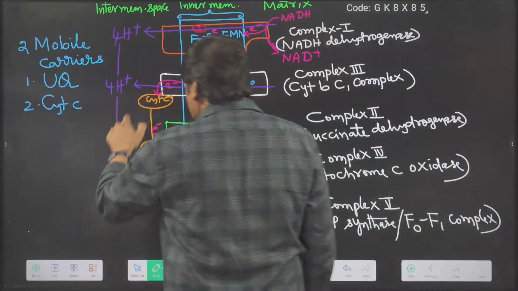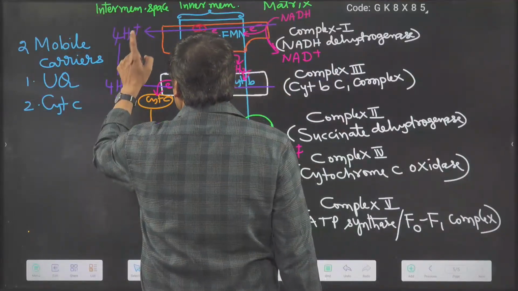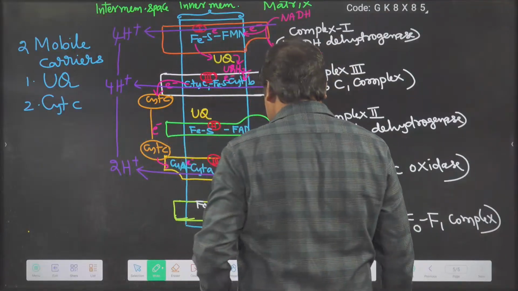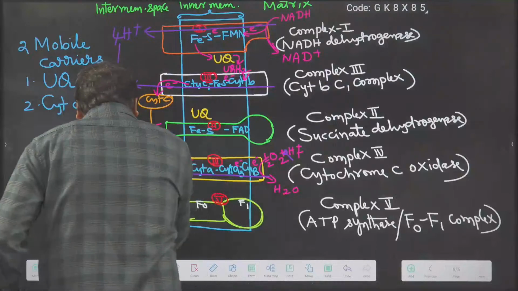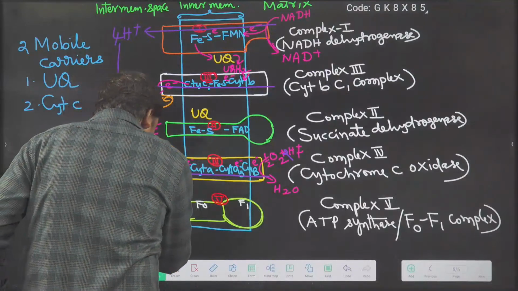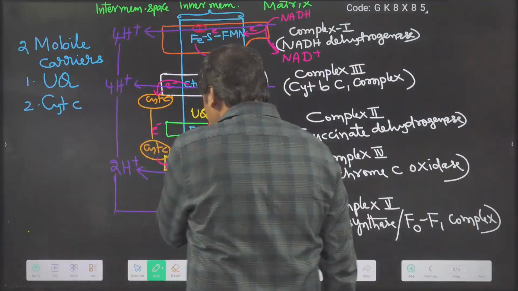So these protons are allowed from the intermembrane space to the matrix. Therefore, these protons transport through the 5th complex into the matrix.